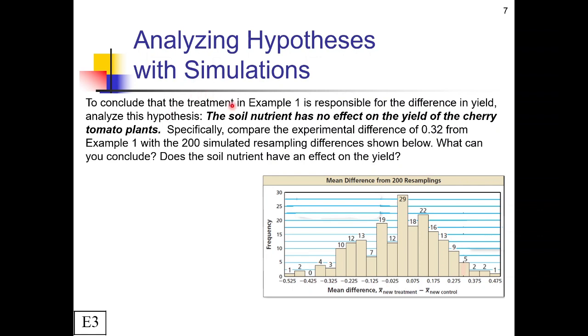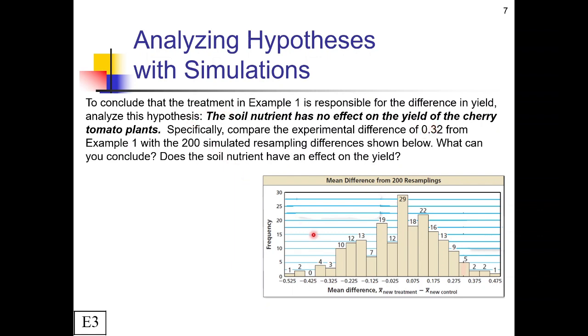To conclude that the treatment in example 1 is responsible for the difference in yield, analyze this hypothesis: the soil nutrient has no effect on the yield of the cherry tomato plants. Specifically, here's how we're going to analyze this hypothesis. Compare the experimental difference of 0.32 from example 1. That's what we got when we did that example together.